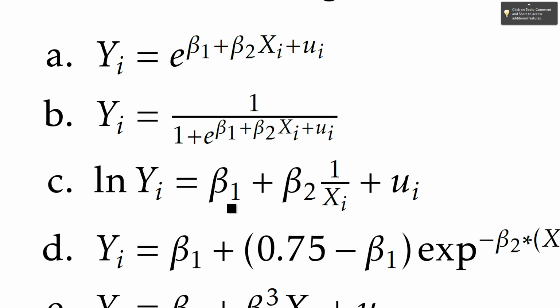Can you make this model linear? This one is z. Let's divide 1 over yi.